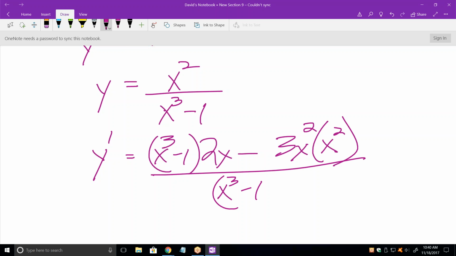Good. The way I remember the quotient rule is it starts with the bottom and ends with the bottom squared. In other words, if you start with the bottom and end with the bottom squared, everything else has to be pretty much the top, the derivative of the top here, and then the reverse over here. So you only have to remember that part of it to remember the quotient rule.